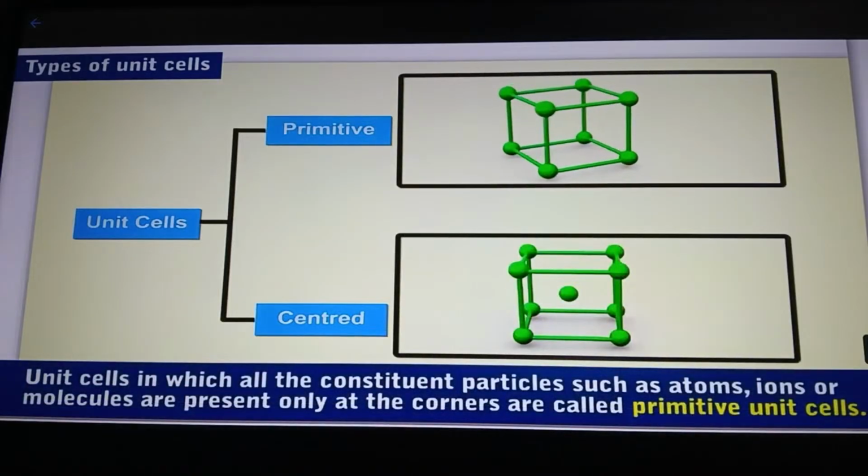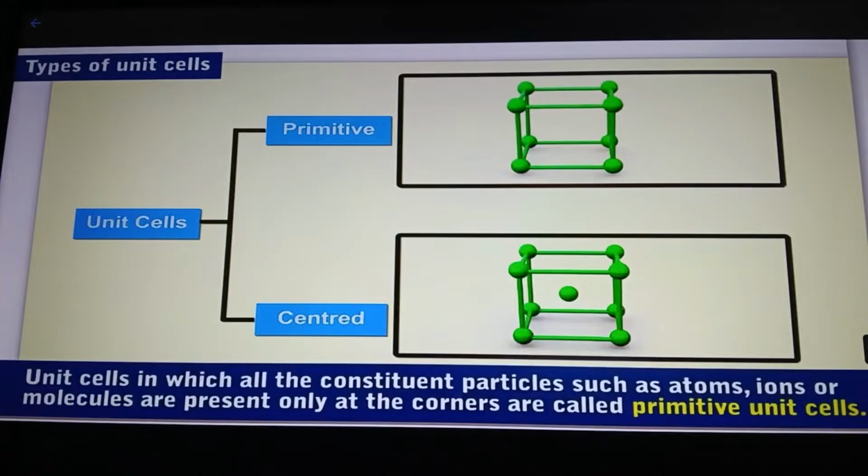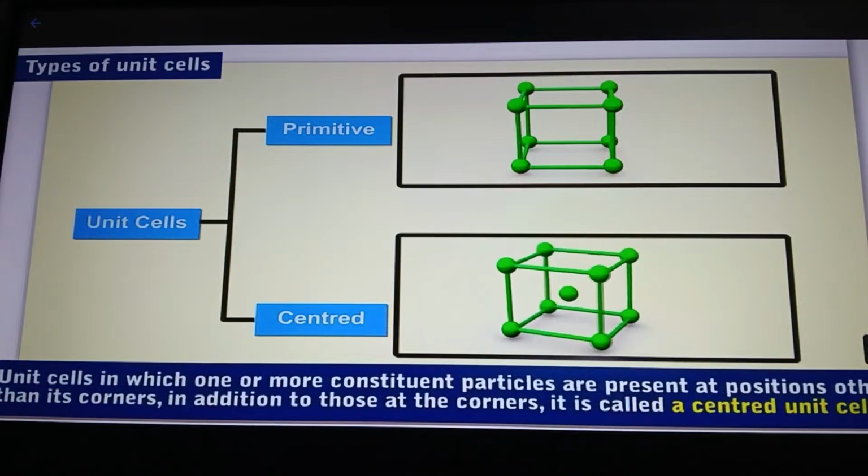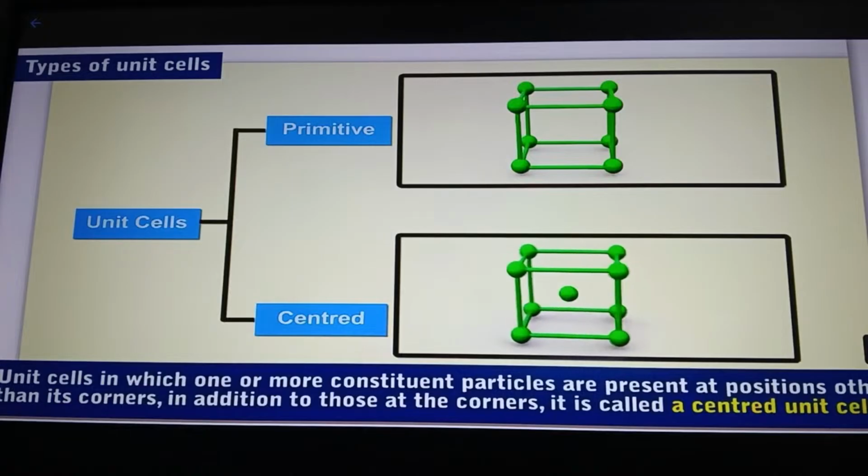Unit cells in which all the constituent particles, such as atoms, ions, or molecules, are present only at the corners, are called primitive unit cells. Unit cells in which one or more constituent particles are present at positions other than its corners, in addition to those at the corners, are called centered unit cells.